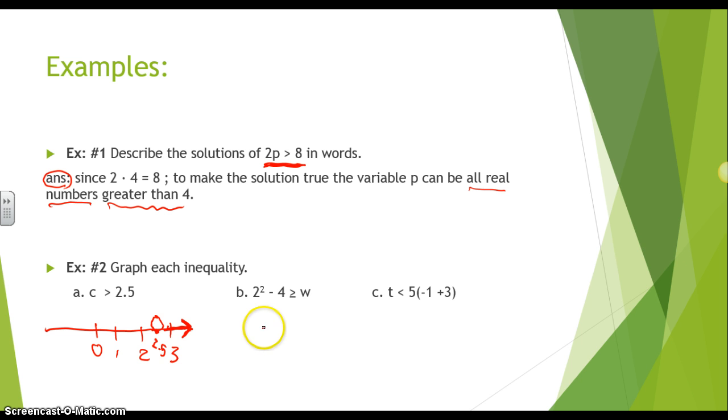The next situation, we have 2 squared minus 4 is greater than or equal to W. Remember, 2 squared means 2 times 2, which equals 4.